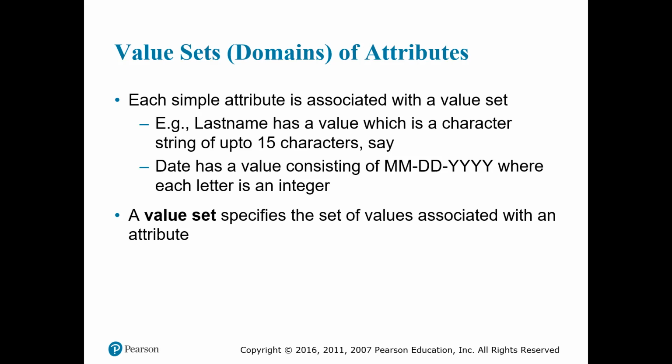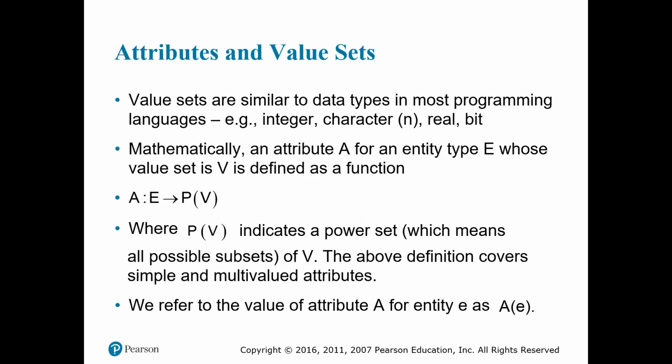So a value set specifies the set of values associated with an attribute. It's just the legal values that any one thing, like hair color or name or birth date, can take on. Very similar to data types.